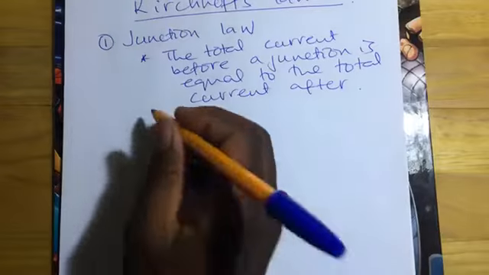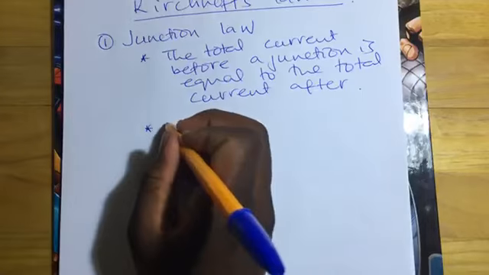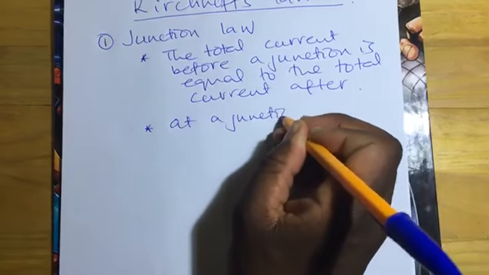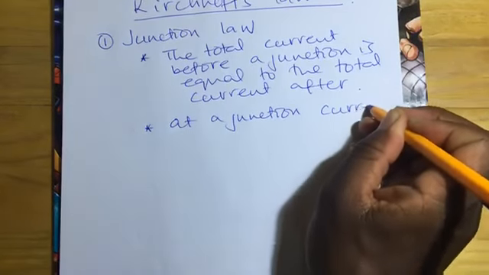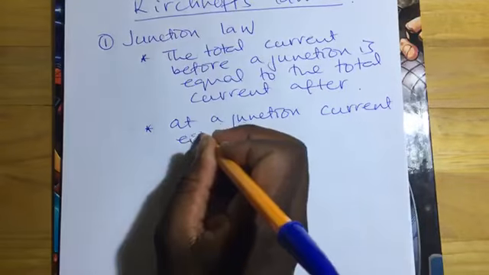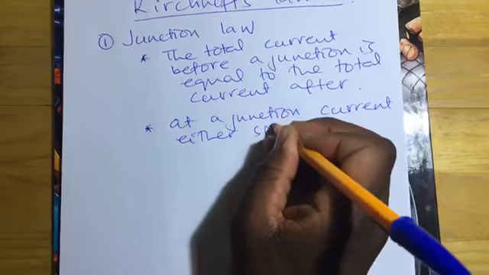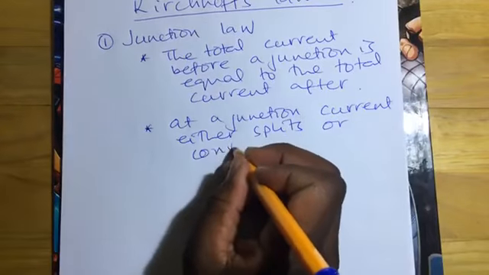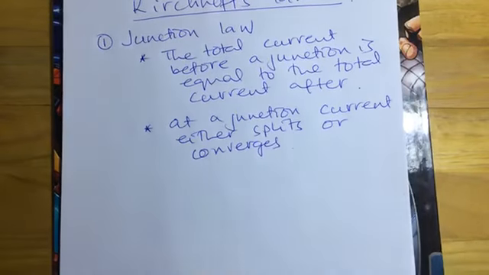At a junction, current either splits or converges. And it makes sense.